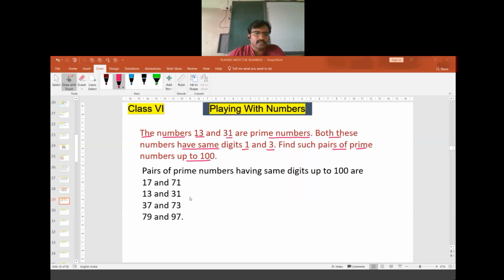Up to 100 we have to see. One of the numbers is 1771, another number is 1331, another number is 3773, another number is 7997. These are all prime numbers.